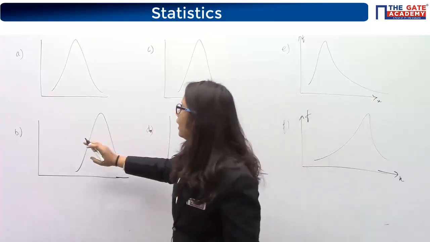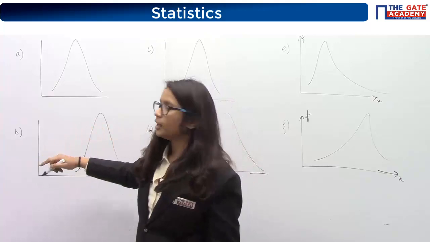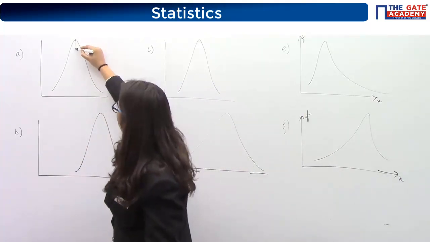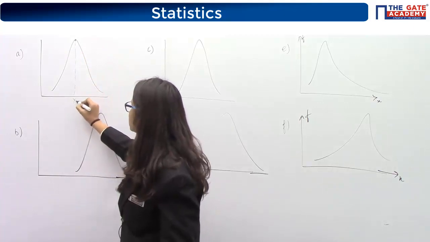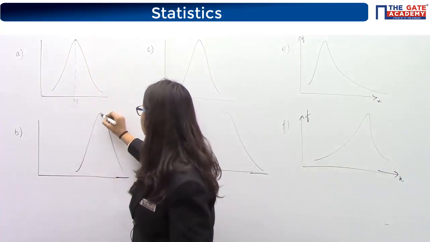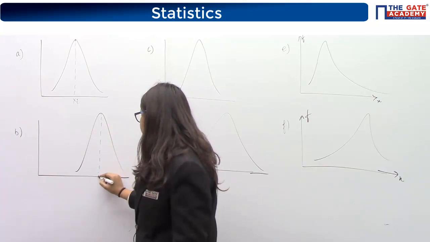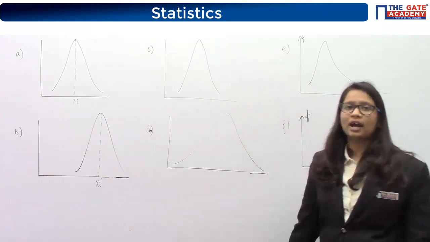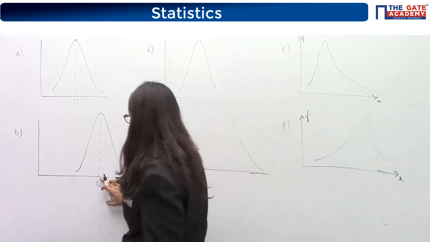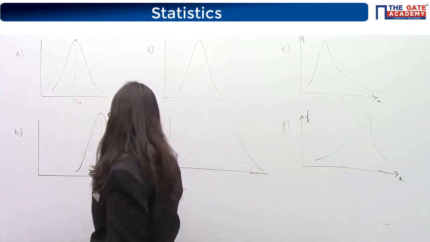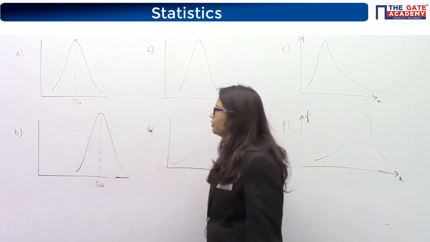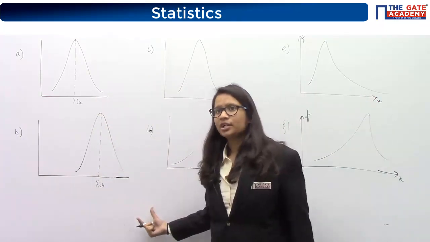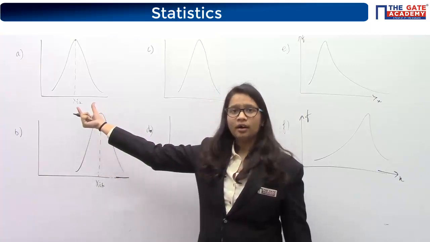If I see graph A, its peak occurs at some particular value of x, let's say xi, which is less than this particular value of x, let's say xi dash. So you can see that for the graph B, or I'll write like this, xiA, xiB, the value of the peak occurs at a larger distance as compared to graph A.